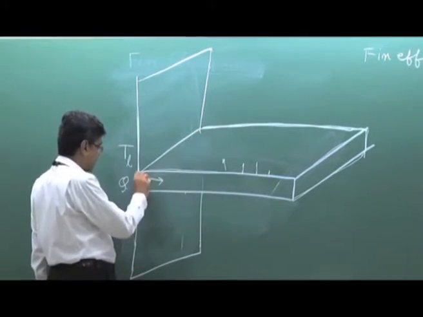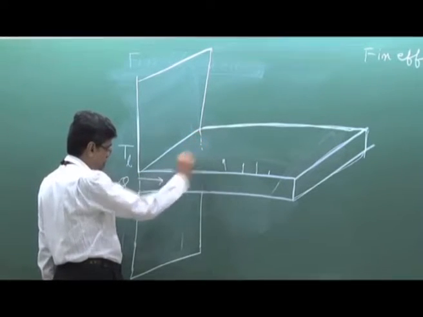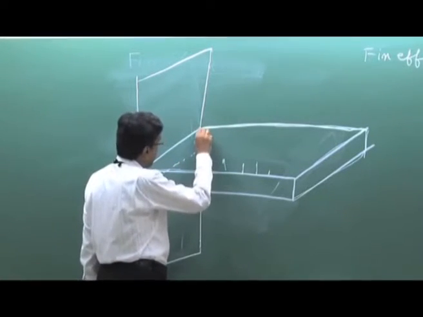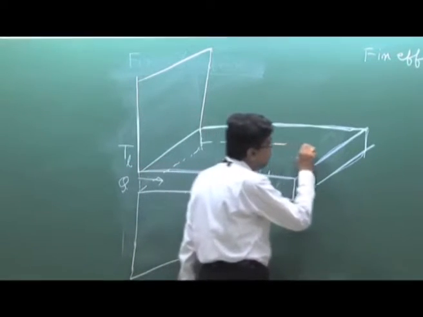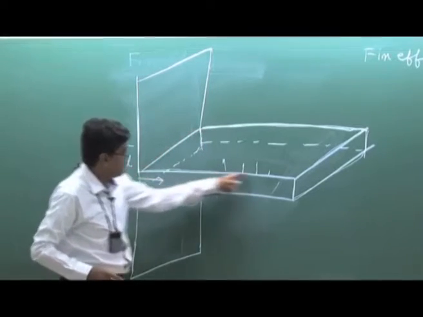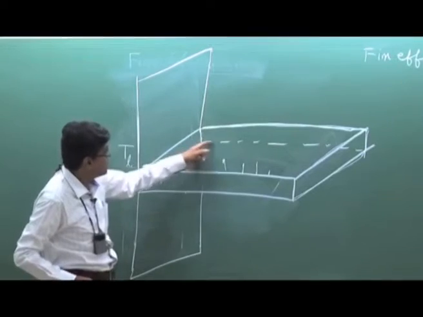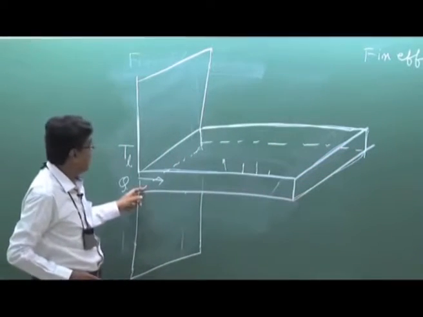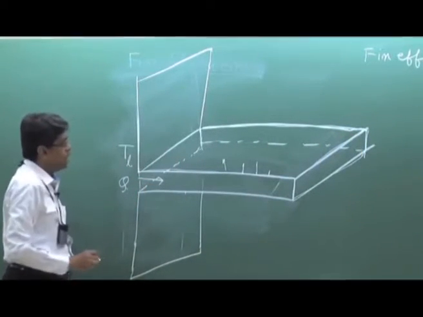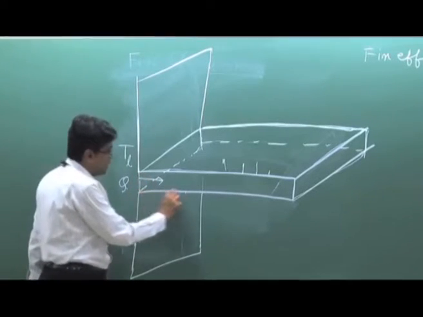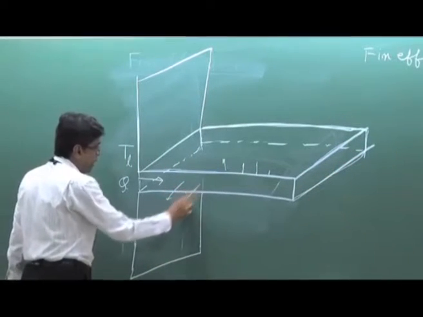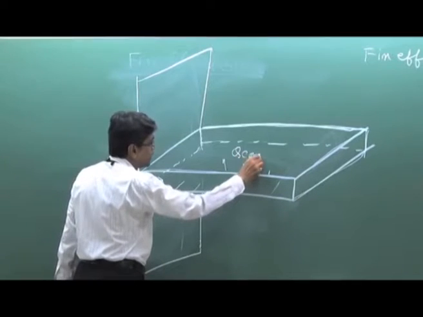You can show this surface like this also. That means the top surface, the bottom surface, this surface, again this surface, the back side, all these surfaces, the front side, and these exposed surfaces, everywhere there is convection, Q convection, Q convection.